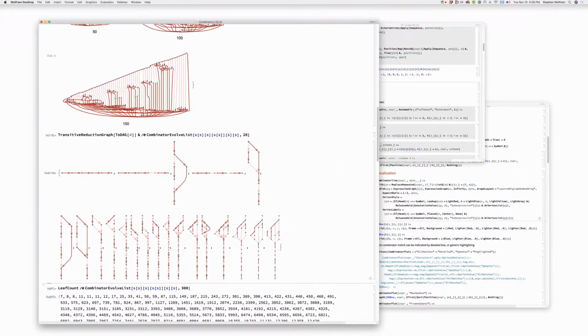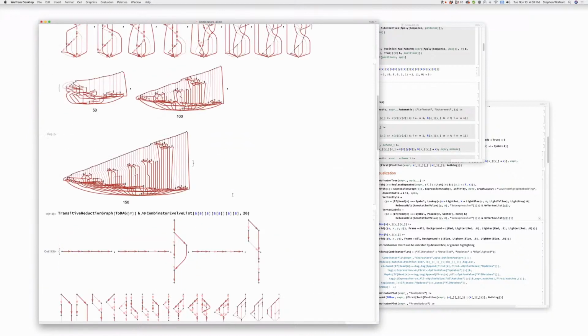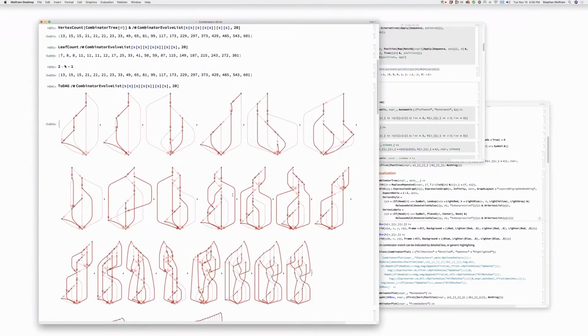Well, the problem is it loses information. There are really two types of edges here, and we cannot really mix them up. This is not really a graph in the ordinary sense.